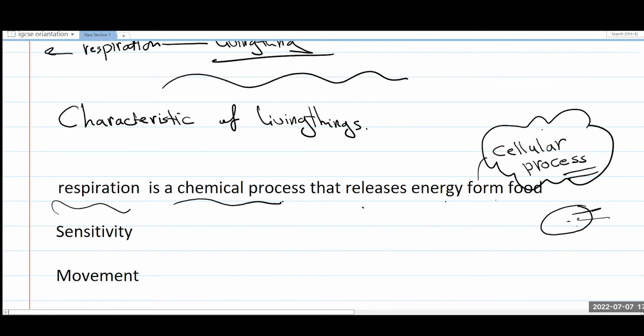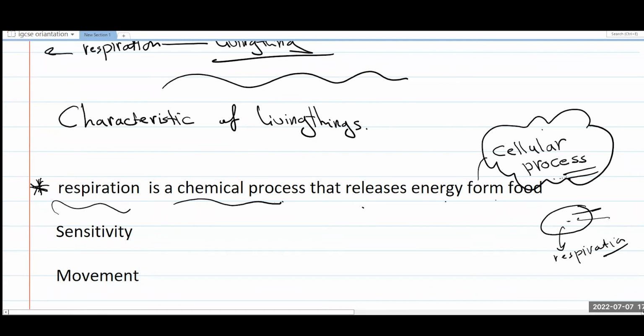And no breathing in bacteria, but there is respiration, because after eating food, we have to release energy from that food to survive. So if I consider respiration as a characteristic of living things, never, ever use breathing as a characteristic of living things, because not all of the living things do breathing, right? It is respiration, a process which takes place inside the cells.